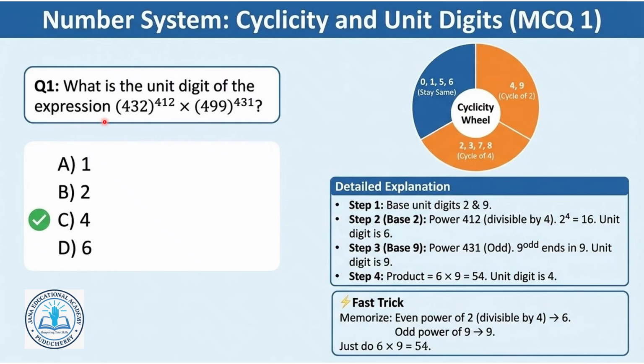So 2 to the power 4 is 16, the last digit is 6, and the last digit of 9 to the power 1 is 9. So 6 into 9 is 54, and the last digit is 4. So we can take it as 4. So even powers divisible by 4, you have to complete fast like this, and these questions become easier. If you go for multiplication, it is really tough to solve this kind of problem.